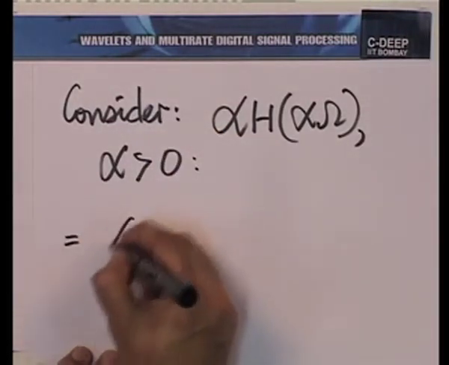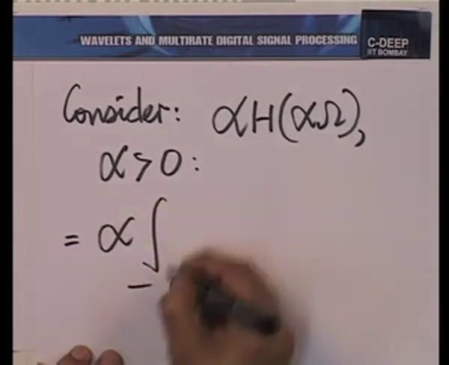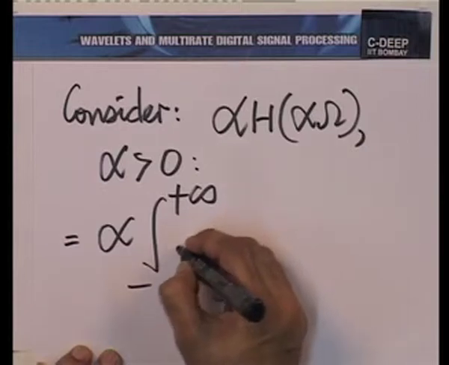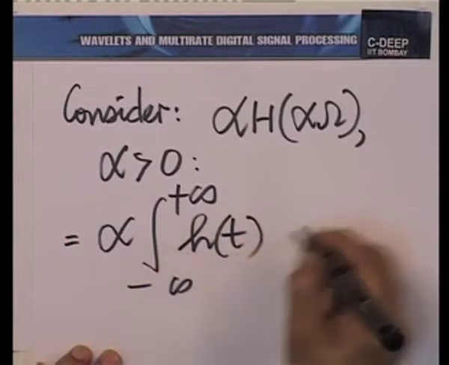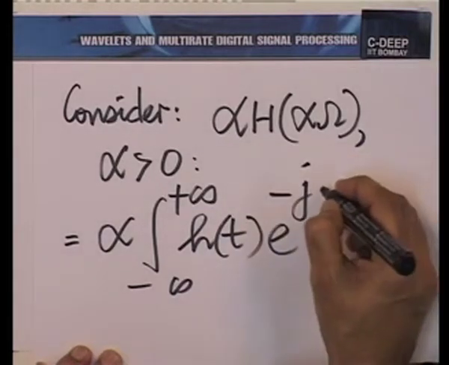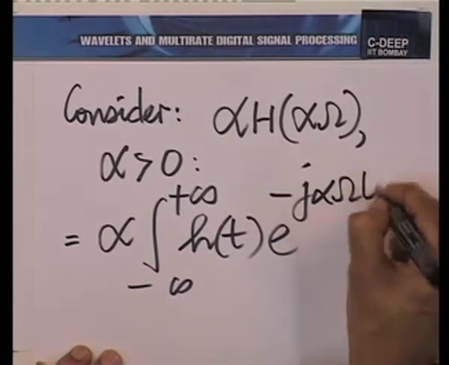It is equal to alpha times integral from minus to plus infinity h t e raised to the power minus j alpha omega t dt.